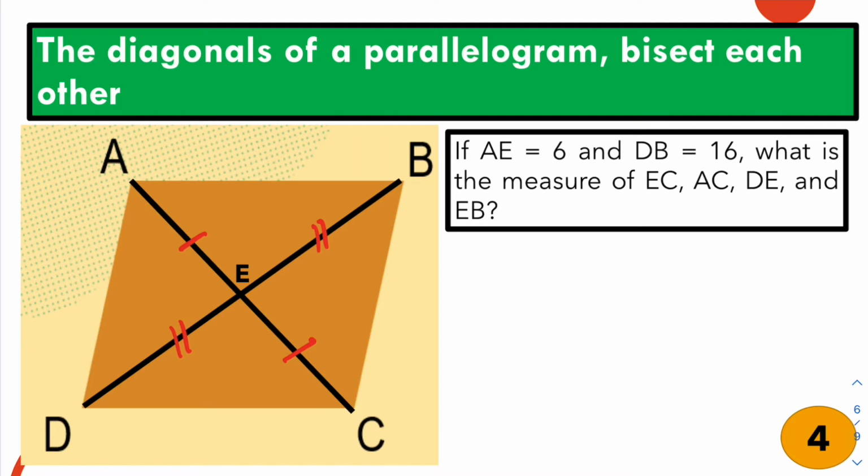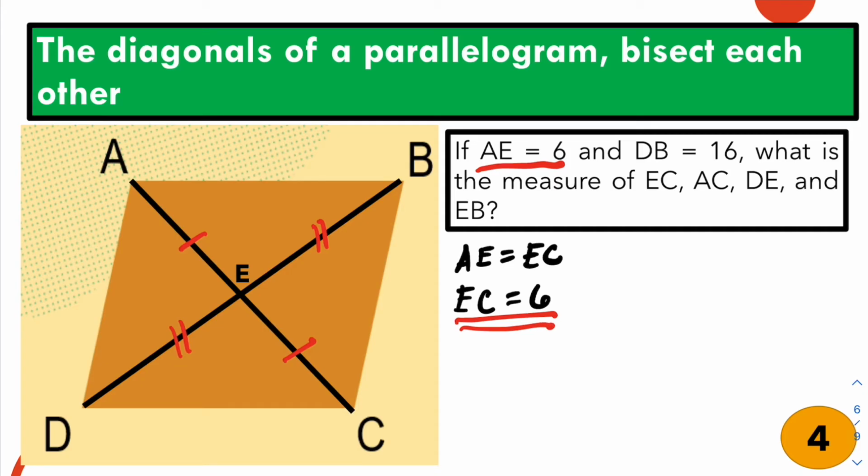Now, if the measure of AE is 6, since AE is equal to EC, therefore EC is also 6.